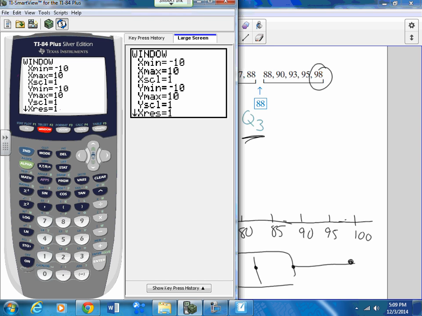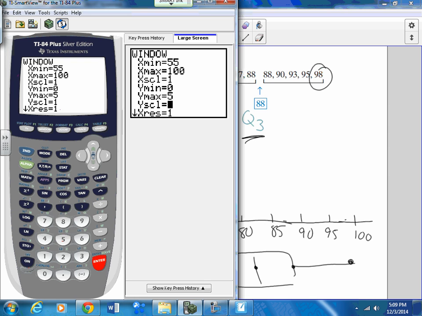So I'm going to do, how about 55? Because my data went down into the 50s, up to 100. I'll go up by 1s. And for my Y's, how about I go from 0 to 5? Oops, there we go.